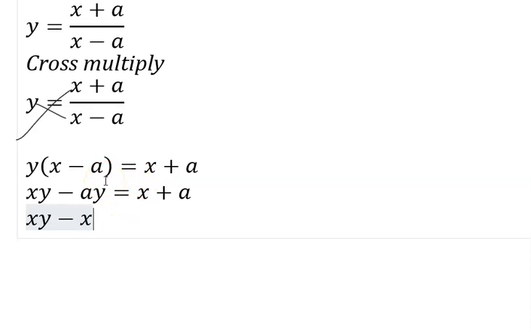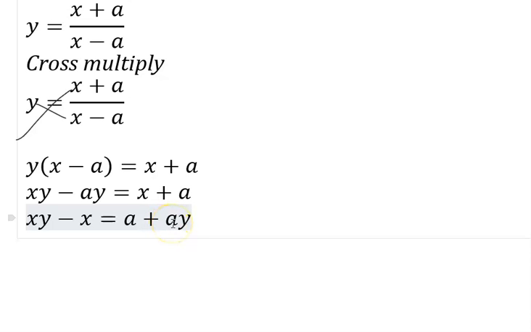Xy minus x, that's what we are going to have here, equal. Now this a is already here. Now this minus ay is coming over to this place. If it crosses this equality sign, it will change to plus ay. Awesome. So we have xy minus x equals a plus ay.